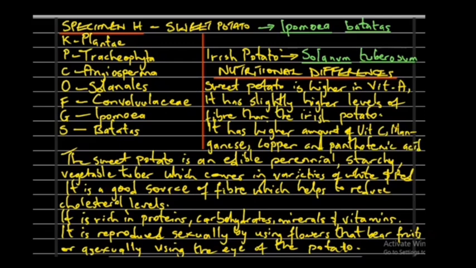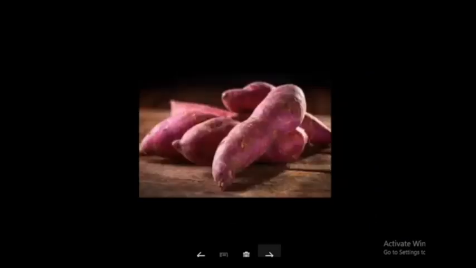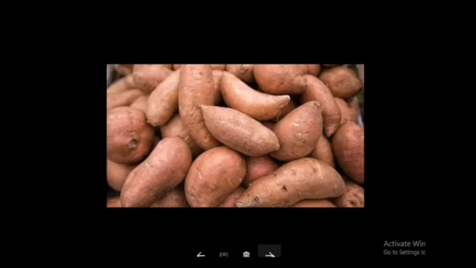These are reasons why people might want to eat more of the sweet potato than the Irish potato. So this is what the sweet potato looks like. You can see it. This is a farm of sweet potato. So this is how the crop looks. That is what the sweet potato looks like.